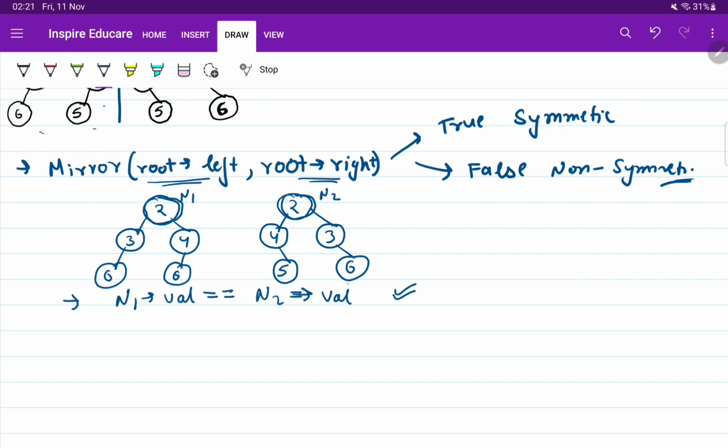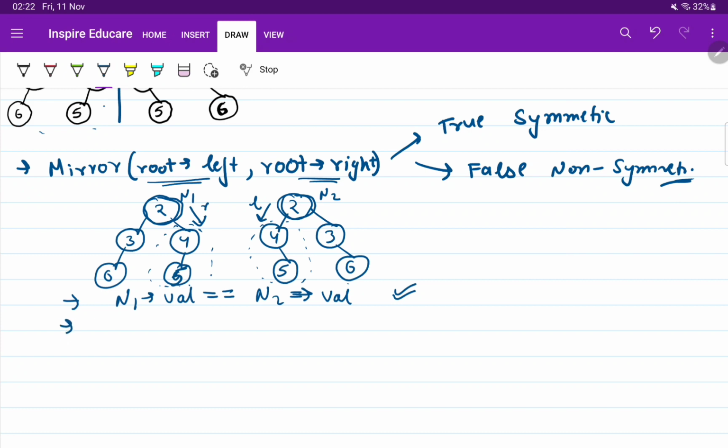So this will be our first condition. And can I also say, okay, this is 5, not 6. Can I also say that the right side of this n1 should be the mirror of the left side of this n2? See, this right side should be the mirror of the left side of n2.